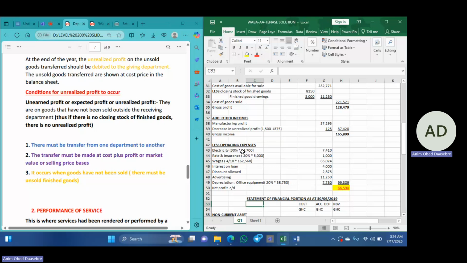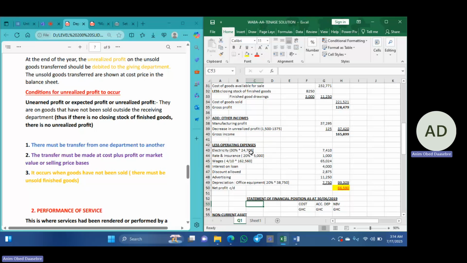So this basically is the non-factory overheads, all of them will come here. We said that the overheads, we have factory overheads and non-factory overheads. The factory overheads go toward the manufacturing accounts, and the non-factory overheads come toward the operating expenses, and that is the income statement or the administration.